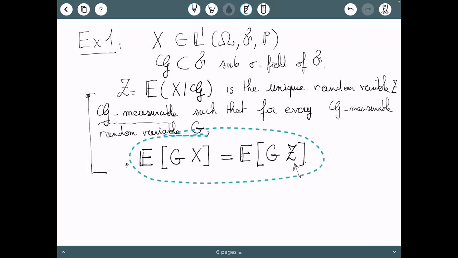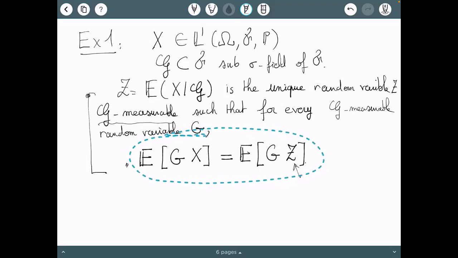But the problem is that X usually is not G measurable. It is just F measurable. So if you concentrate on the action on functions of the random variable capital G, which are G measurable, then you don't see the difference between Z and X.